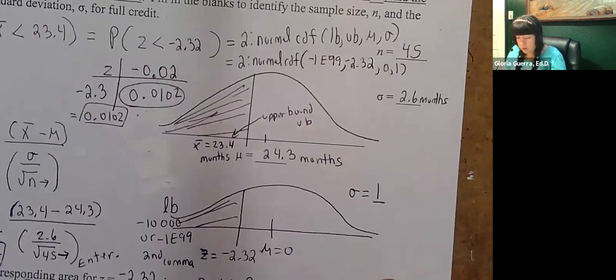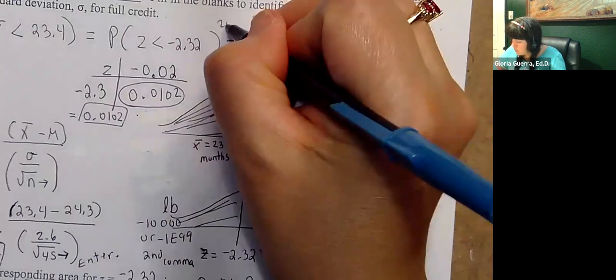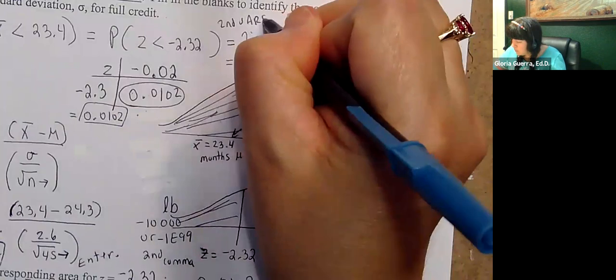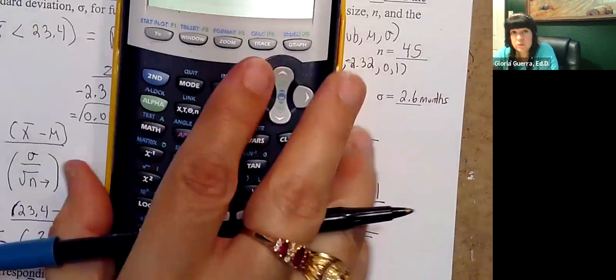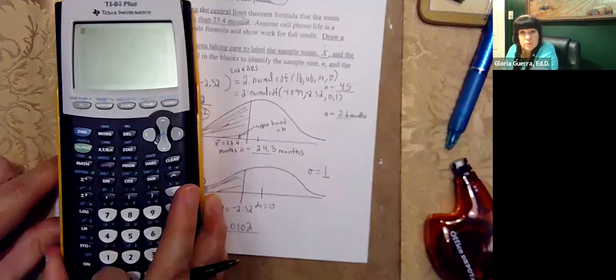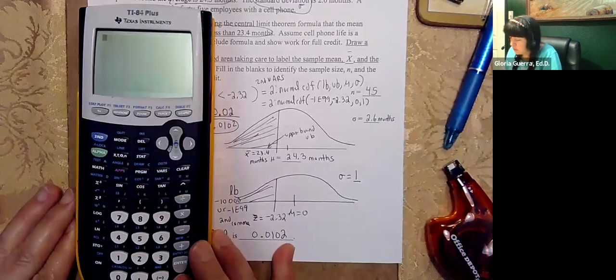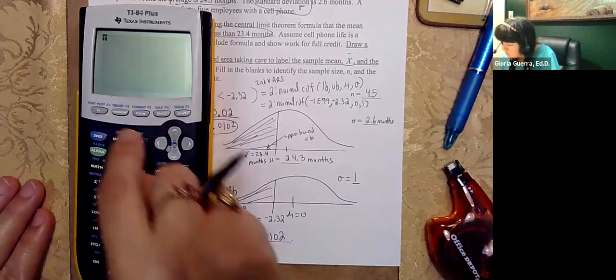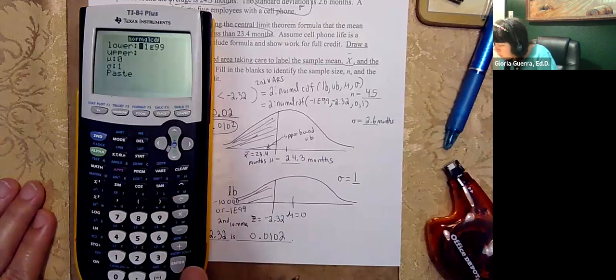Okay, so on a calculator, it's a second normal. So you got to do a second bars for that. Second bars, and then number 2, and then lower bound.